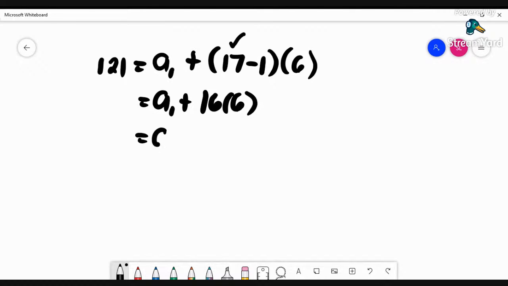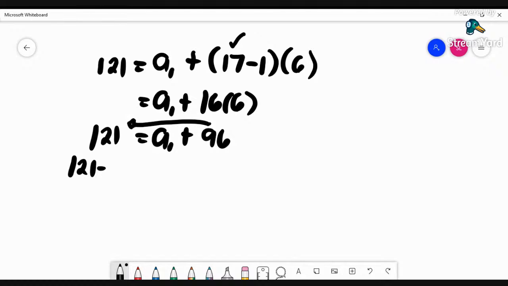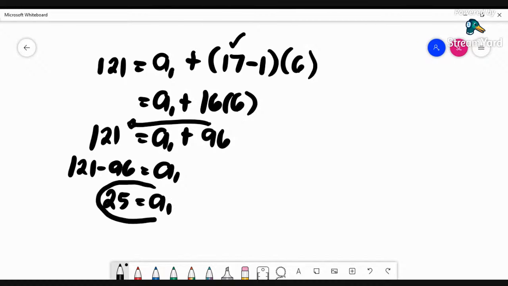So a sub 1 plus 16 times 6, we get 96. That's equal to 121. So if we transfer 96 to the left side, we have 121 minus 96 equals a sub 1. And 121 minus 96 is 25.